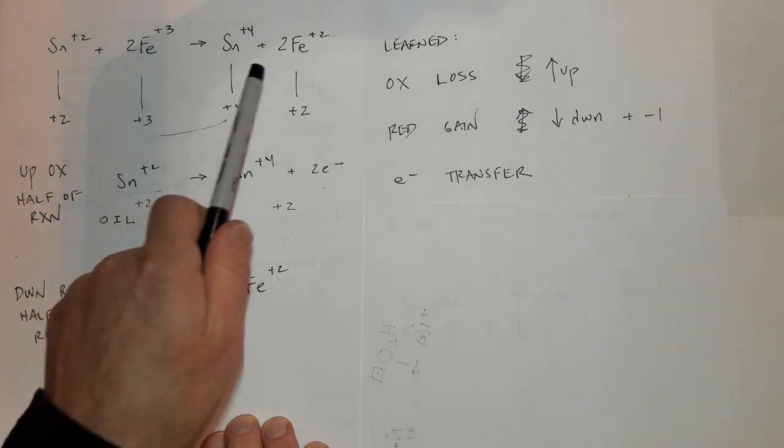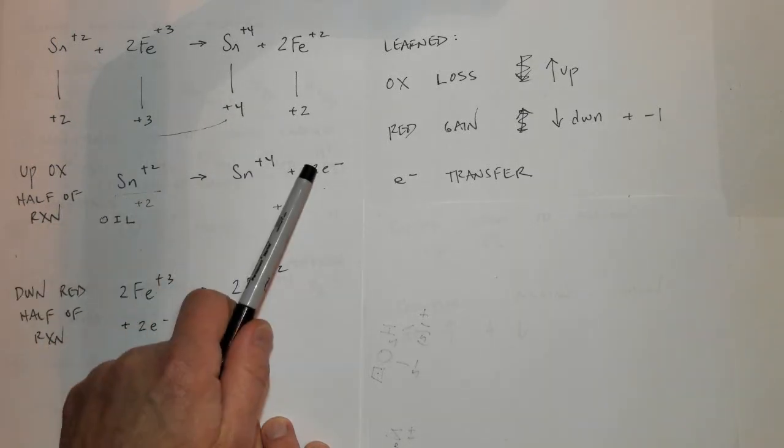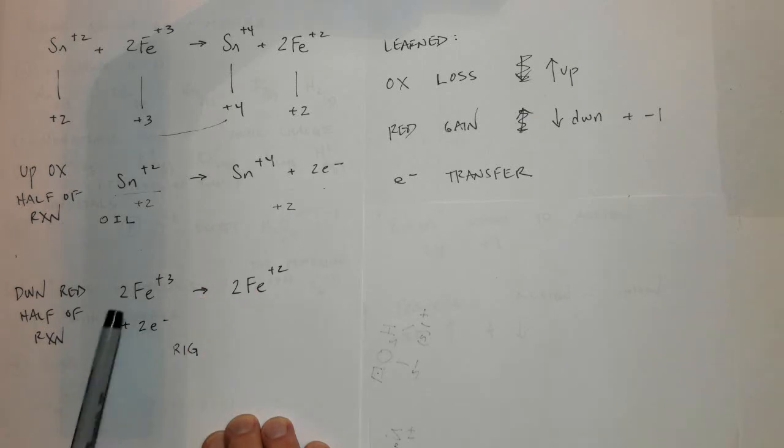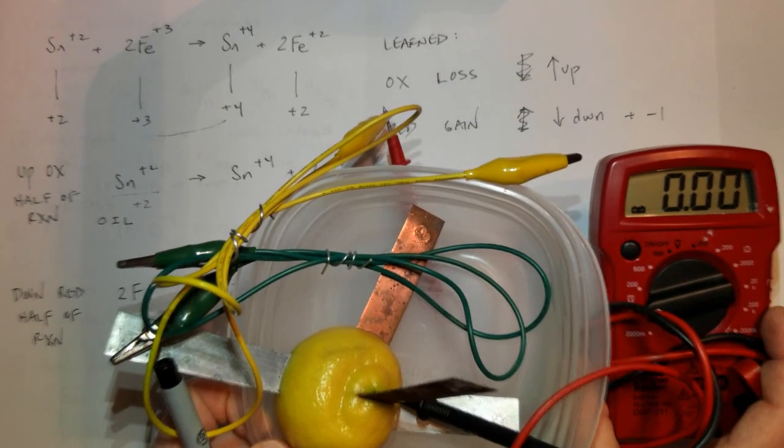Hopefully you learned that electrons are transferred in a chemical equation from one species to another. In this case, zinc lost electrons, and those electrons are gained by iron, oil rig. This electron transfer, or gain or loss, is the thing that makes batteries, or our electrochemical cell that's made with a lemon, actually work.